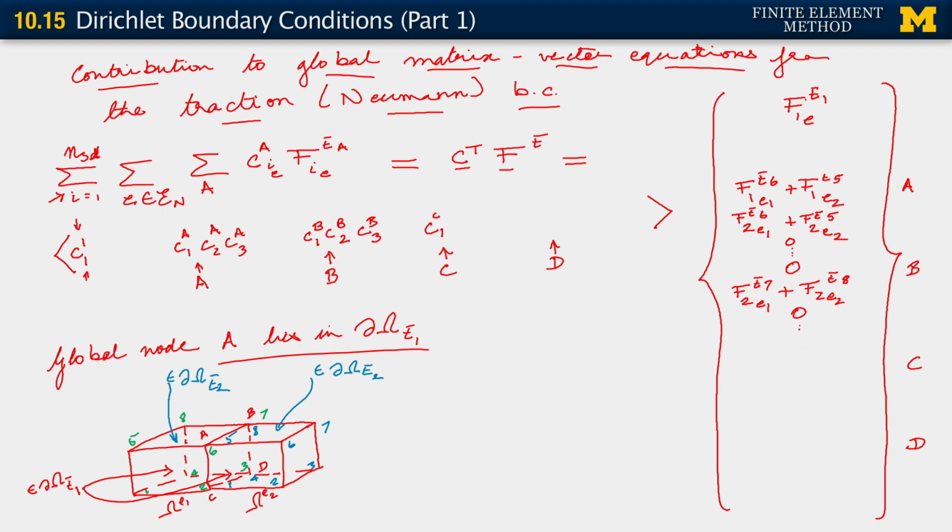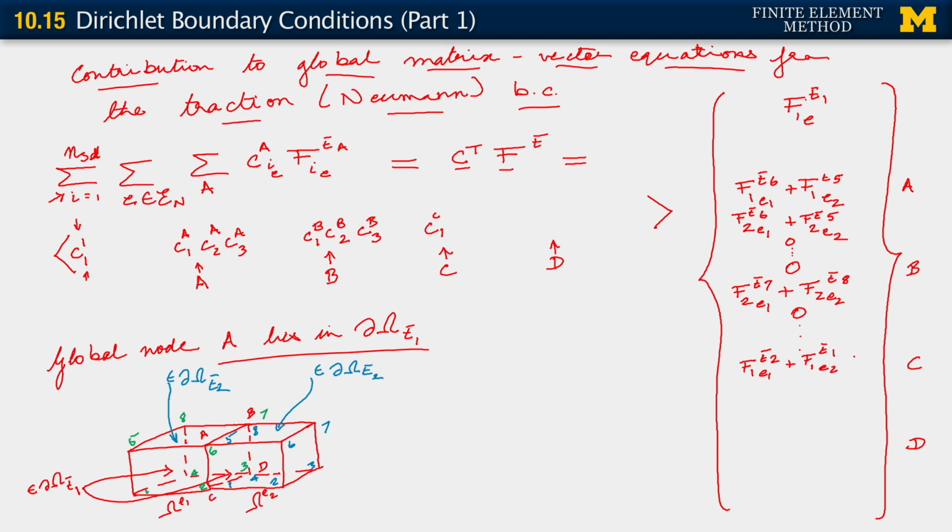So we move along, and when we come to the C node, we get a contribution of the form F T bar along the 1 spatial dimension from element E1. Which node from element E1 contributes? It's the local node 2. From element E2, which one is it? Local node 1.